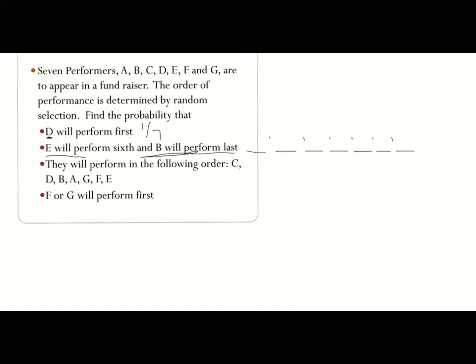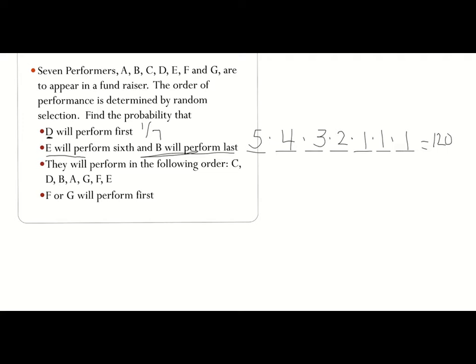E performs 6th, so there's 1 person there, and B performs last, so there's 1 person there. That means we've used 2 of our 7 people. So I have 5 people to choose from for the first spot, then 4, then 3, then 2, then 1. When I multiply that all together, it ends up being 120.